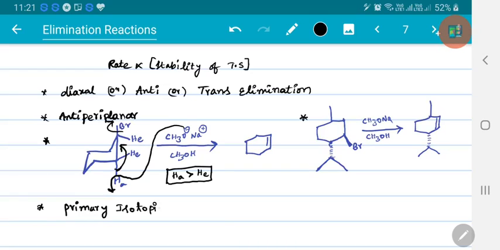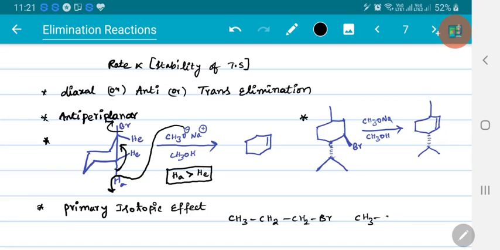Primary isotopic effect means that if that hydrogen is replaced by deuterium, then the rate of reaction will change. For example, if I consider CH3, CH2, CH2Br, on the beta carbon you have hydrogens.